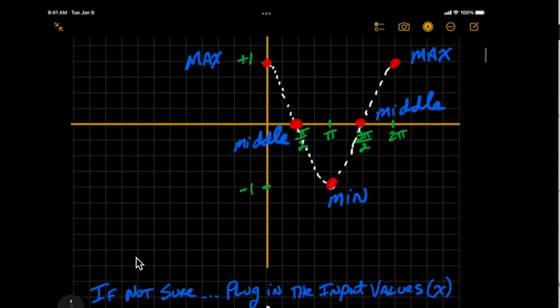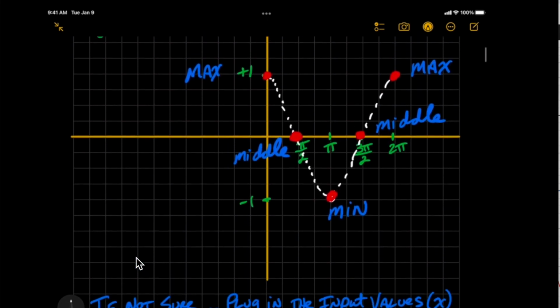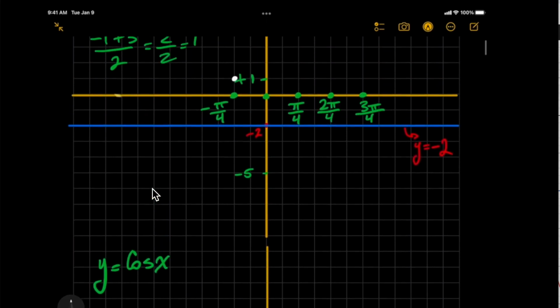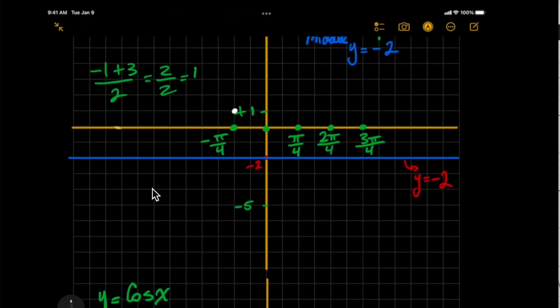Okay, now for the second point, recall that the cosine function goes from the starting point, which is its maximum, to the middle. So we're going to go to our transformed graph and place our next point in the middle, which is right on the axis of symmetry. So here our input value is 0, that's our second point, and the output is going to be in the middle of the graph, which is at the horizontal axis of symmetry, or y equals -2.